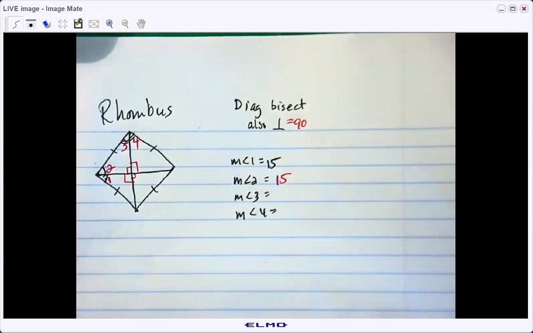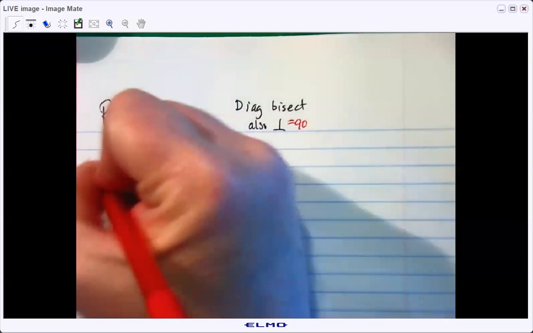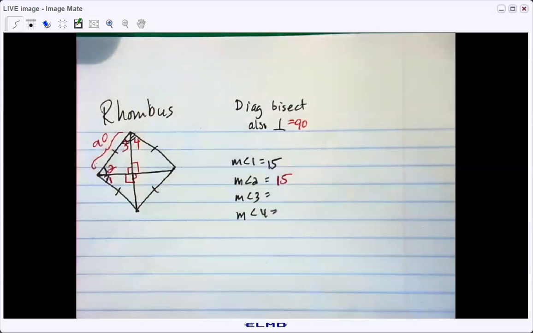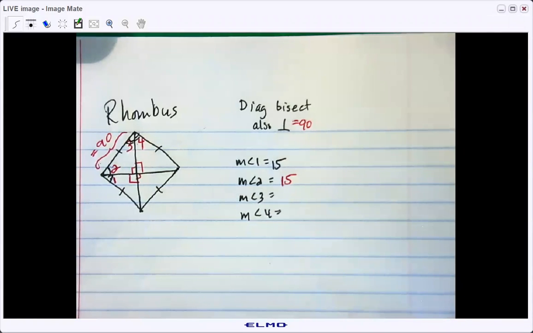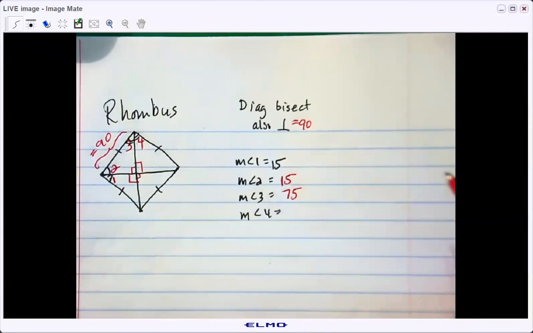Okay. What does it make angle 3 if that's a right triangle? 15? No, they're not quite equal. 75, good. Because together they have to equal 90. So we draw 90 up here because it's a right triangle. So that would also make angle 3 75. What does that make angle 4?